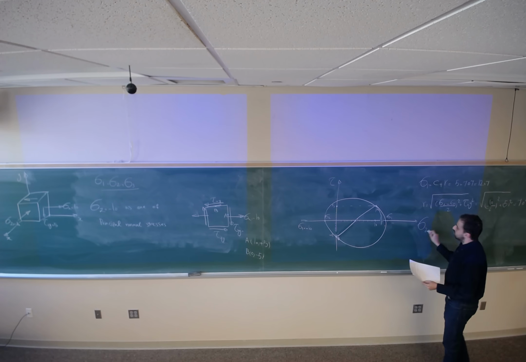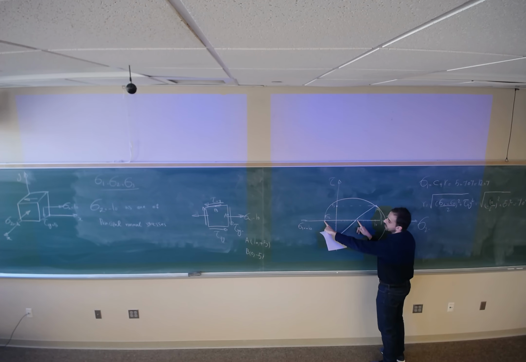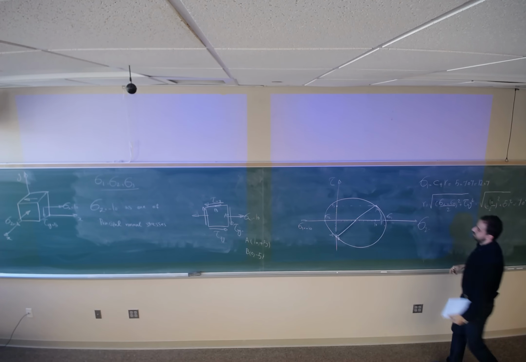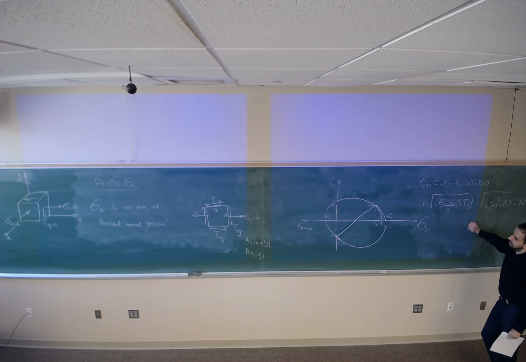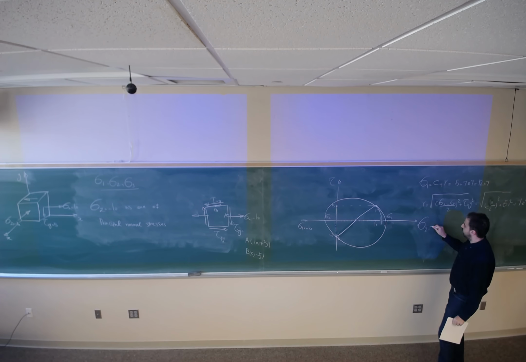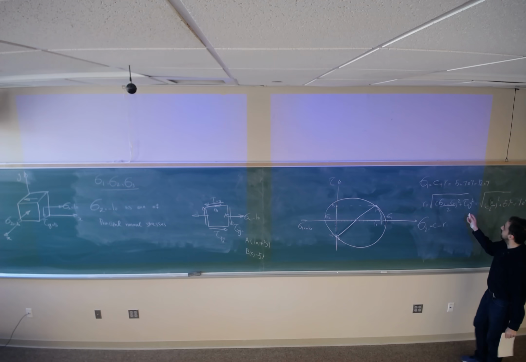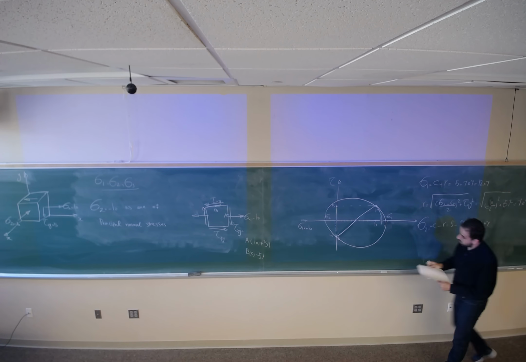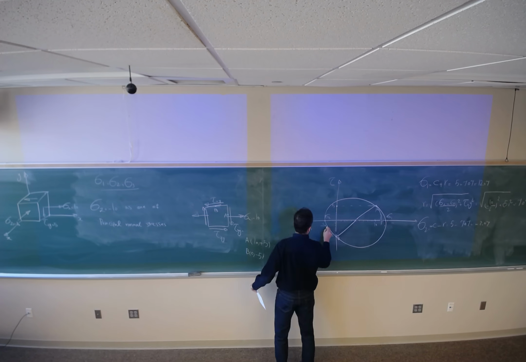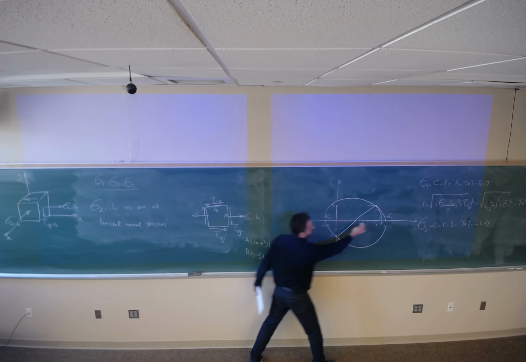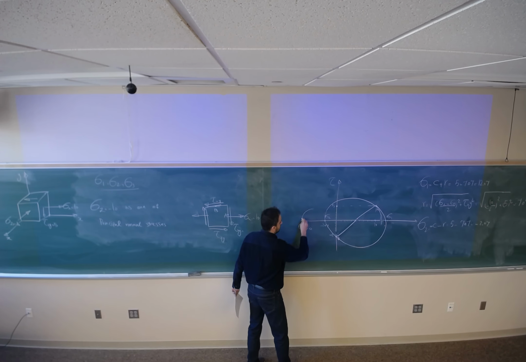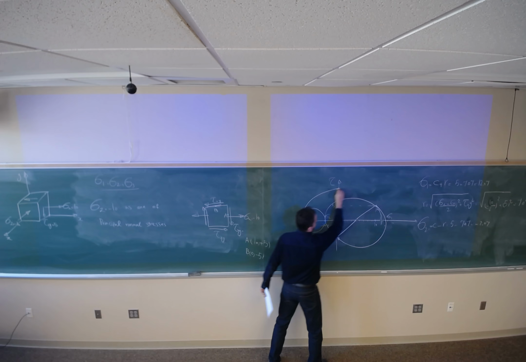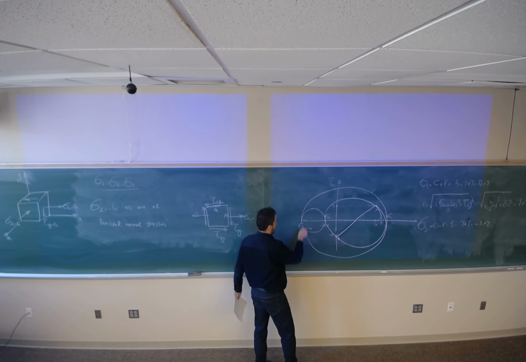And sigma 2 is center minus radius. If you want to get the right sign, it's C minus R, which is 5 minus 7.07. So this is sigma 3, sigma 2, and sigma 1. Something like that.